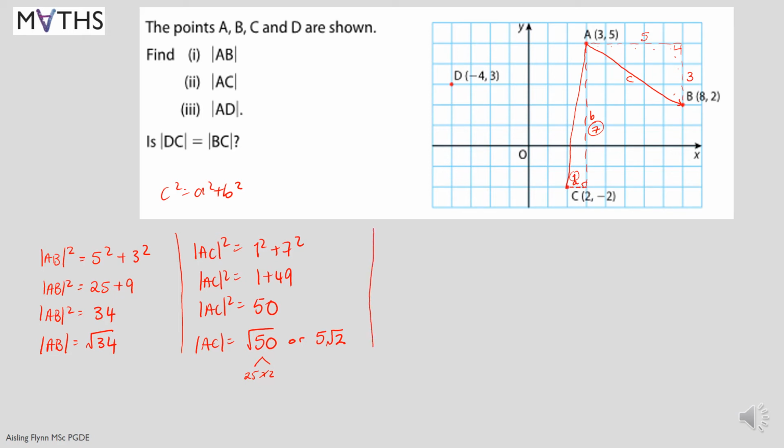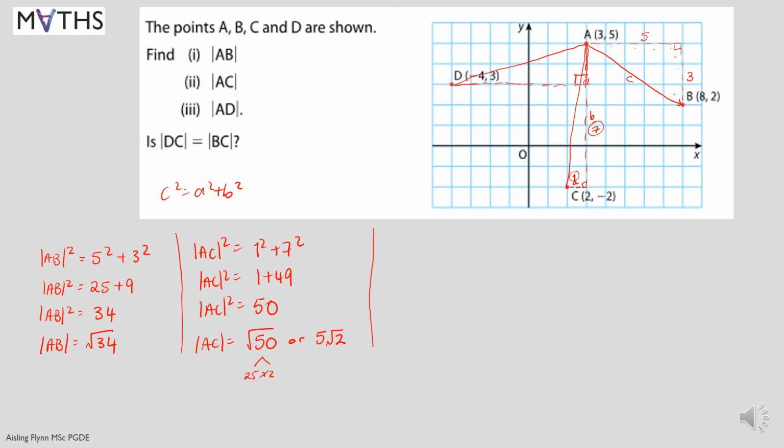Okay, and finally A to D in this part of the question. So going from D horizontally and then up here. Okay, and your graphs are your own in an exam. You can scribble as much as you like on them.